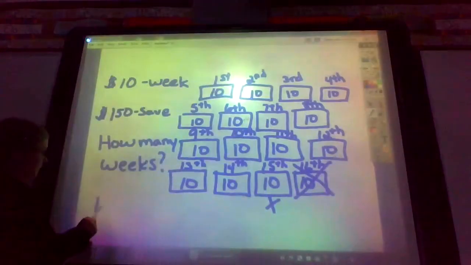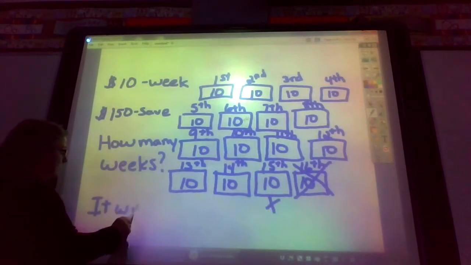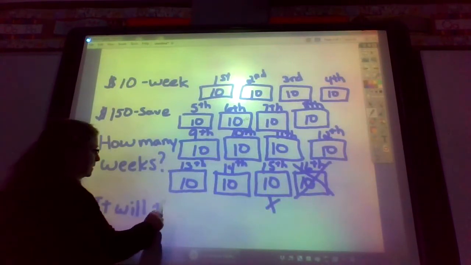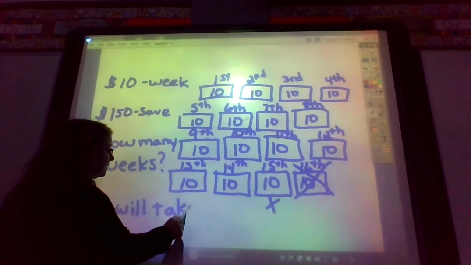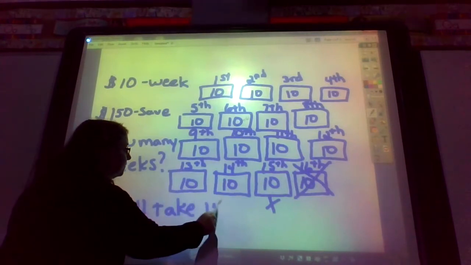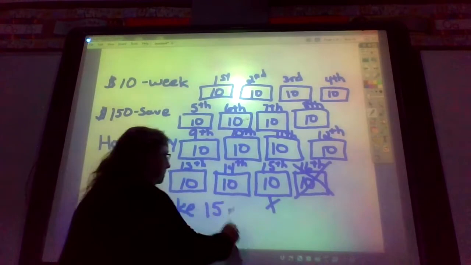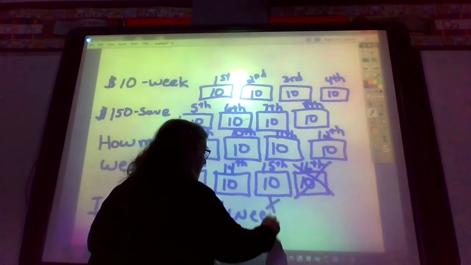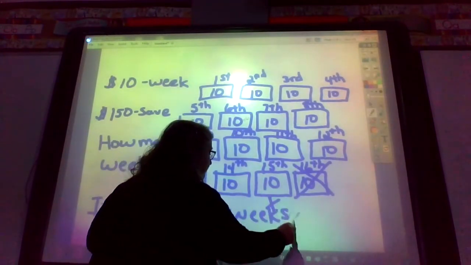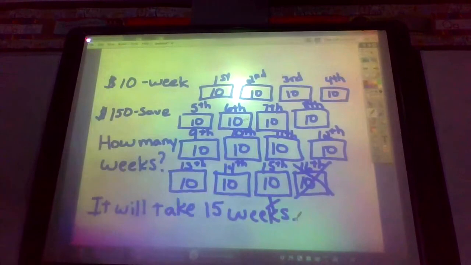Okay, so for your answer on the back, it will take 15 weeks. It'll take 15 weeks for them to get it. Wow. That is our application problem for today.